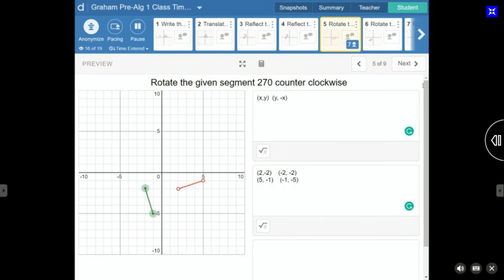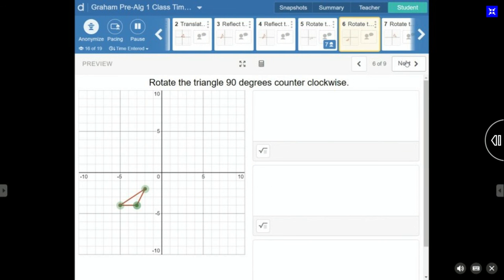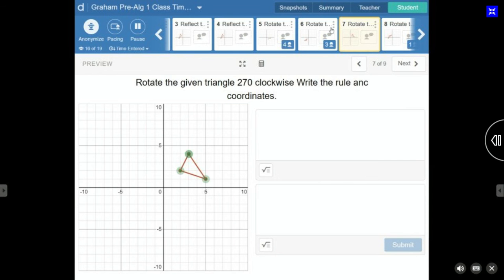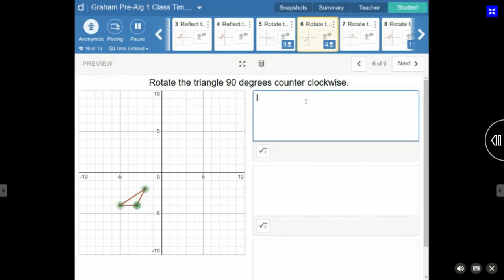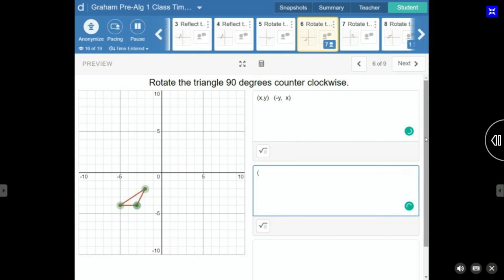All right, number 6. Not 7. 6. 90 degrees counterclockwise. Positive 90. Anybody help me with the rule? All right, this time we have 3 points. What point do you want to do first? Okay, so -2.